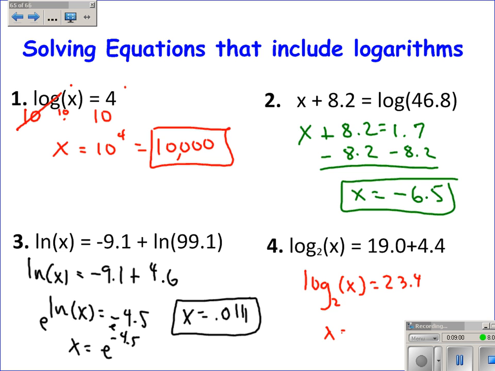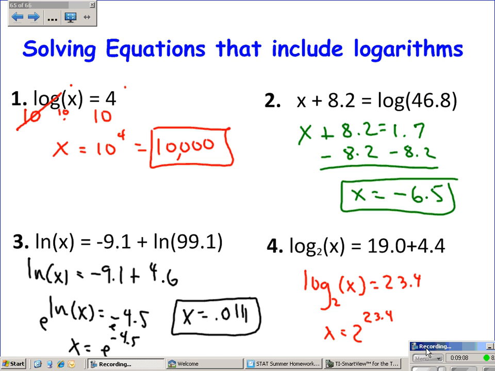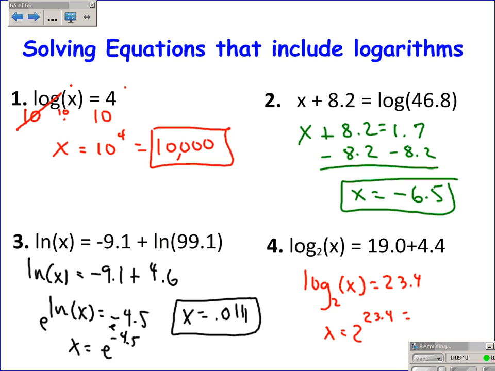But x is equal to 2 to the 23.4, which I'm probably going to overload my calculator. Oh, it didn't. And I have 11,068,834.62 is what that's equal to.